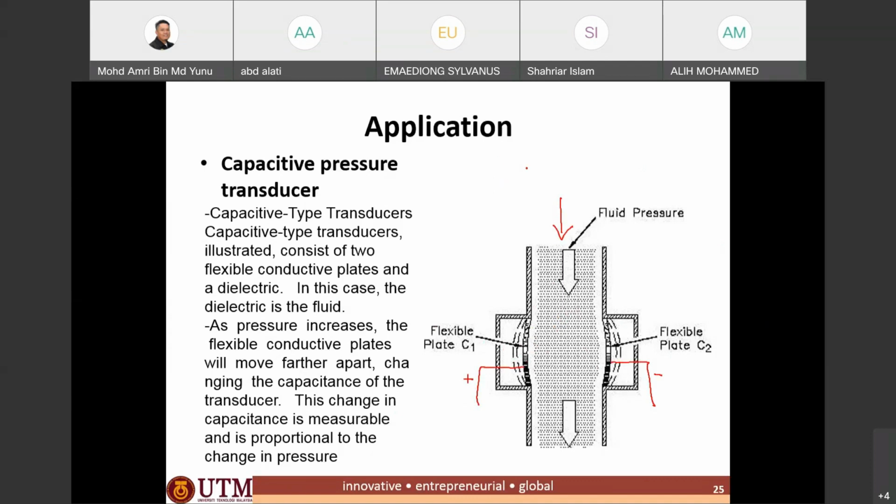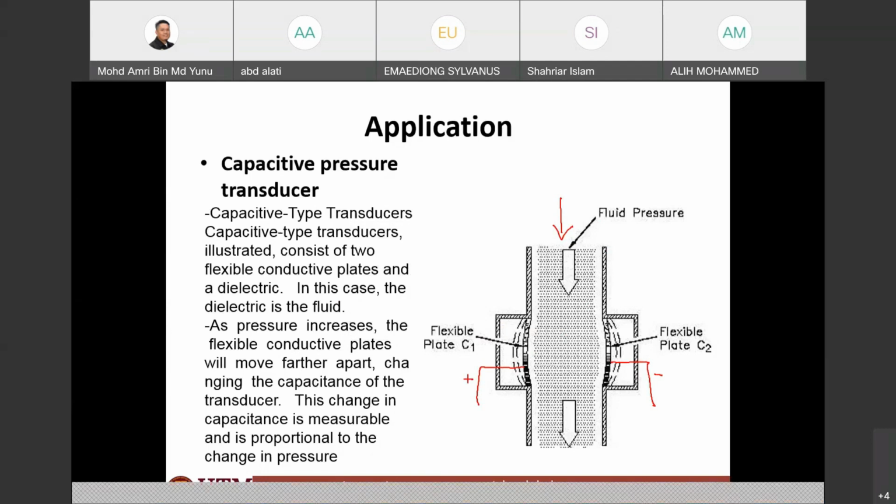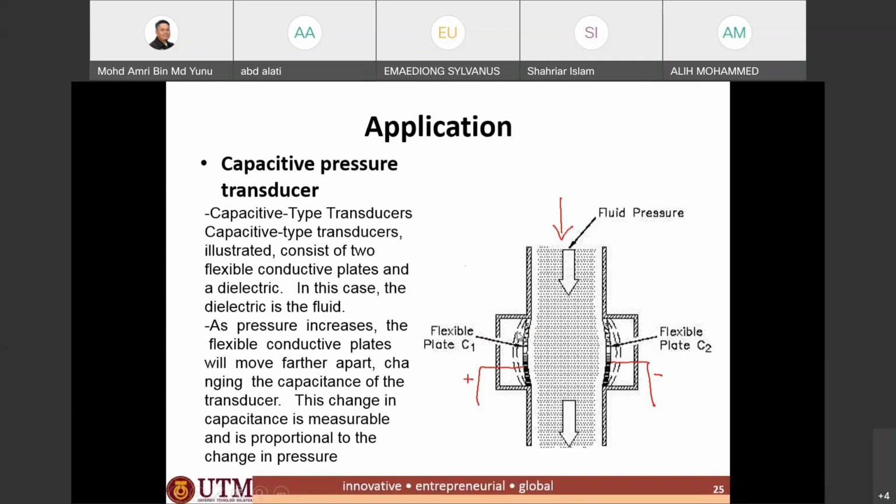So how can it be used to measure or relate to the pressure? Basically, when the pressure increases, it will cause the plates to expand.